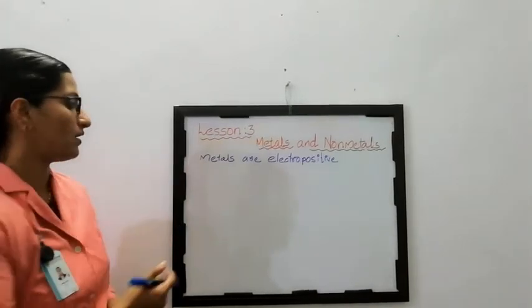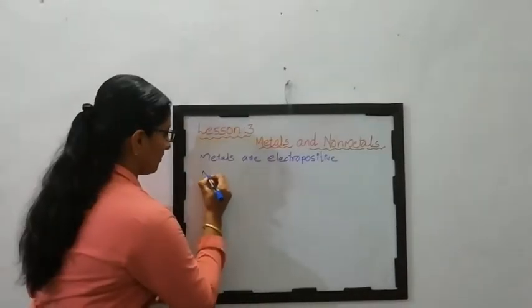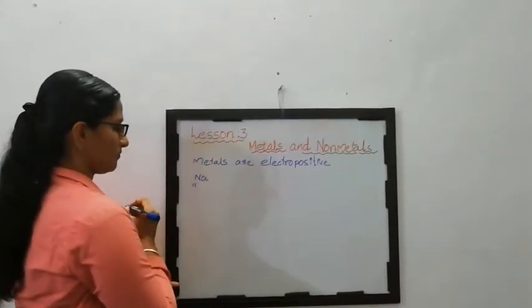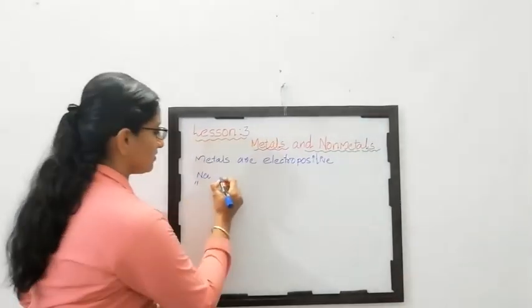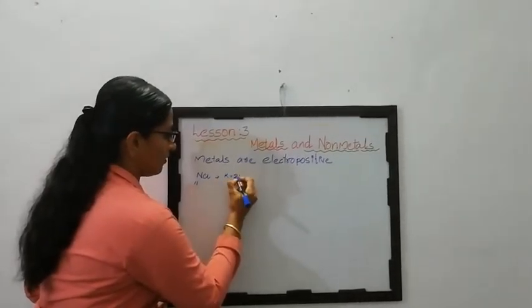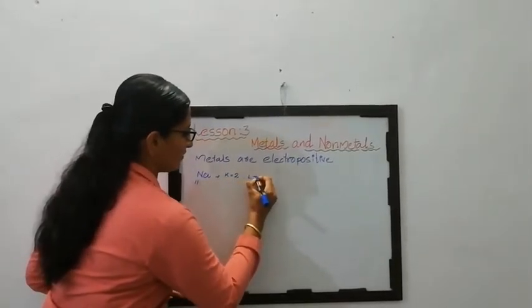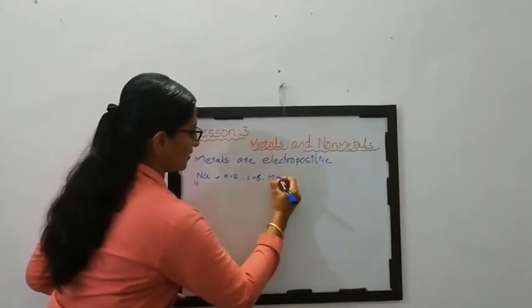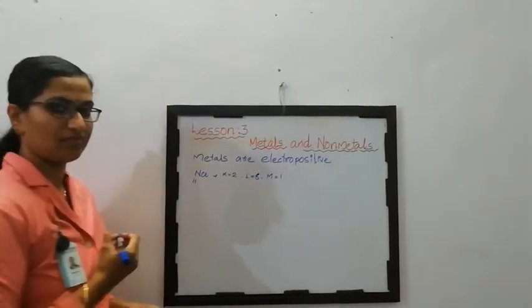When we talk about a metal, sodium, having atomic number 11, when you write the electronic configuration, you have K shell with 2 electrons, L shell with 8 electrons and the outermost M shell with 1 electron.